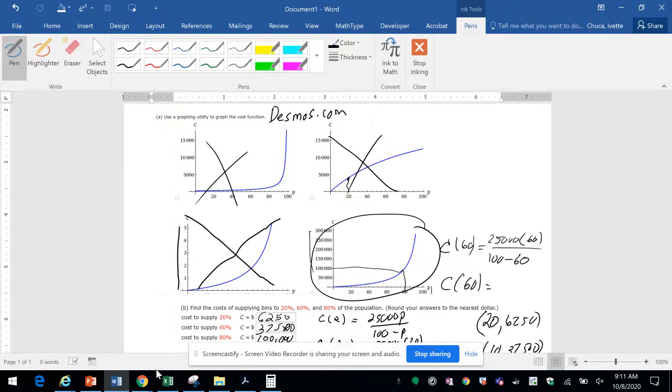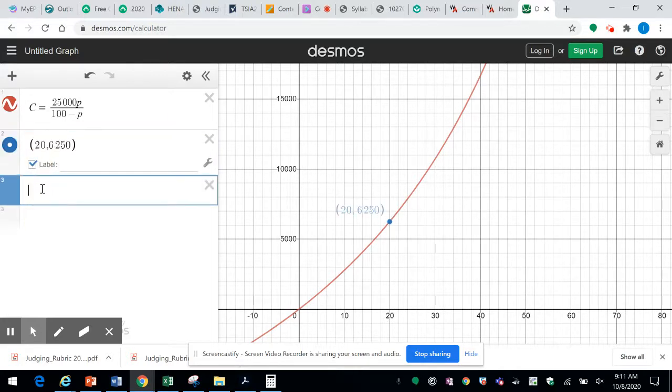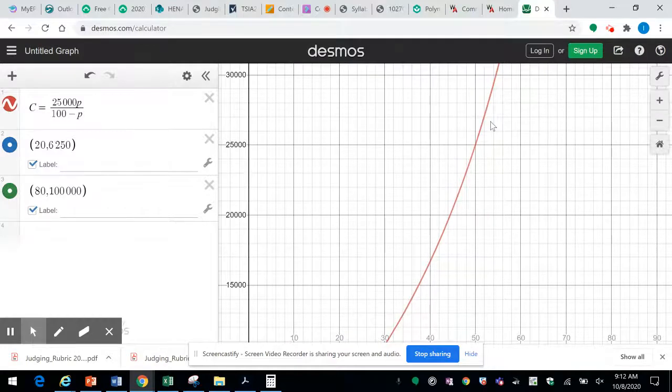If you want to plot those points, you can. You can just click here, 20, 6250, and you can say label. And then you can put the other one, 80, 100,000, and you can say label. And right now we can't see it because it's all the way up here.